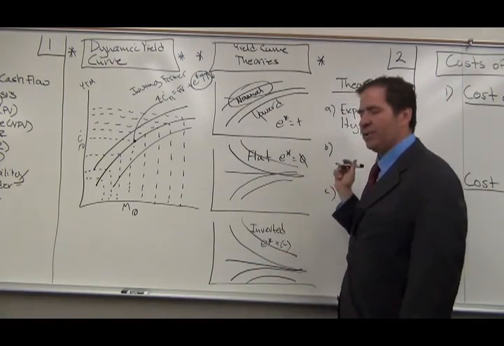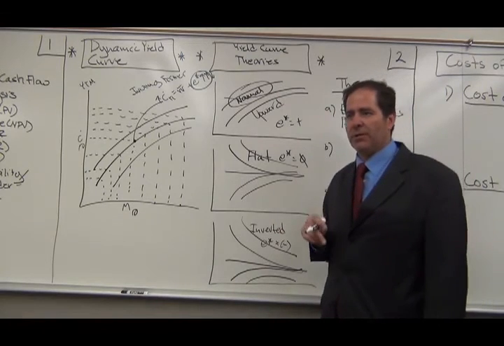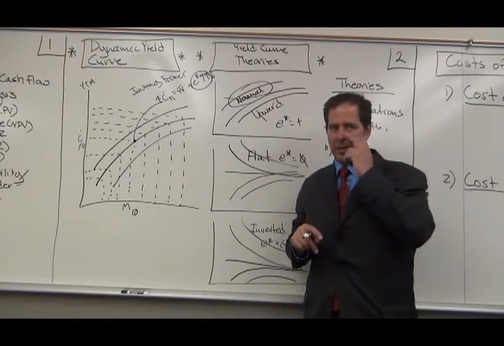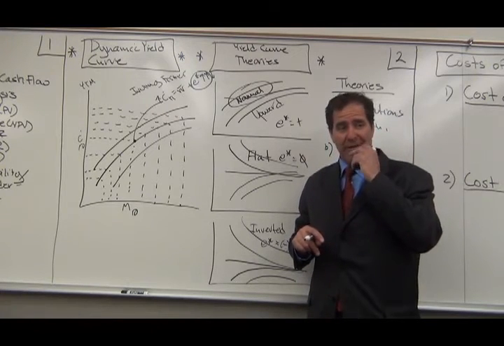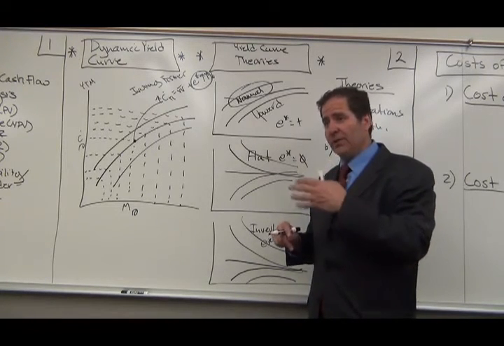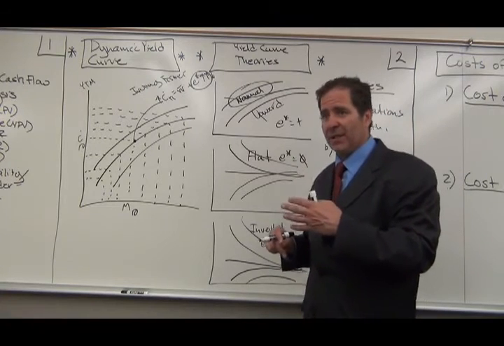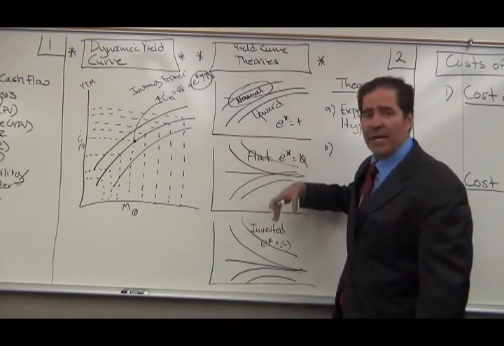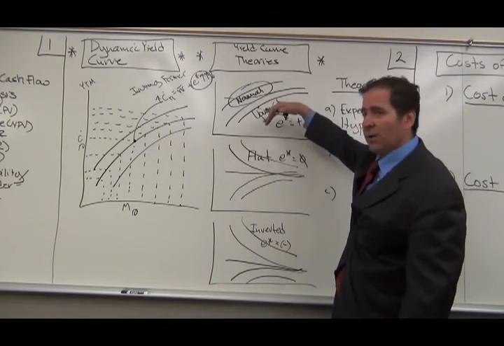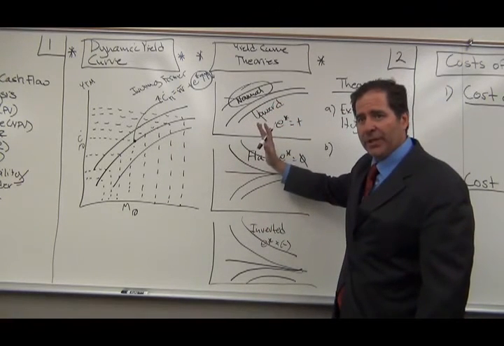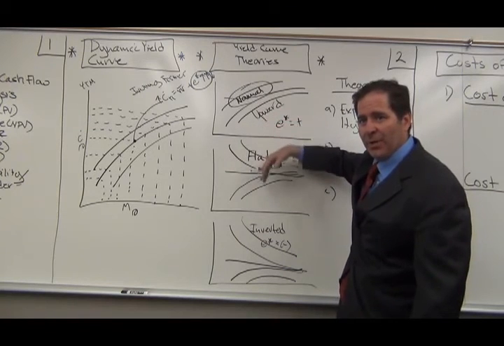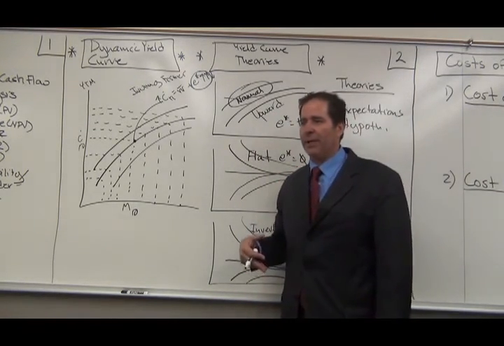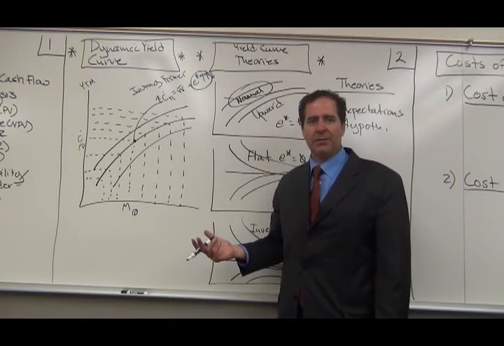What I'll show at the end of this presentation is the dynamic yield curve site, which is stockcharts.com, and I'll show you how the Federal Reserve uses open market operations to buy and sell bonds to manipulate interest rates. And you can see how the yield curve goes from normal to flat to inverted to flat to normal again as the Federal Reserve is trying to stimulate or cool the economy through open market operations.